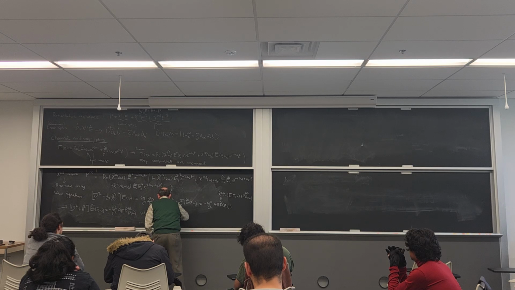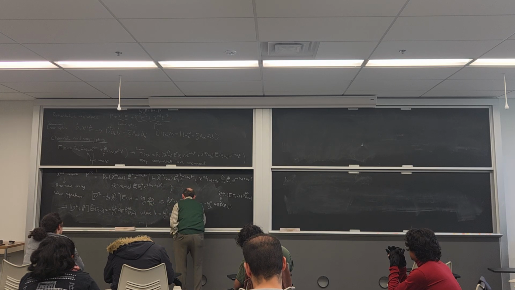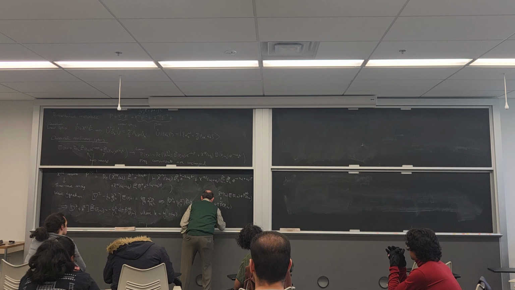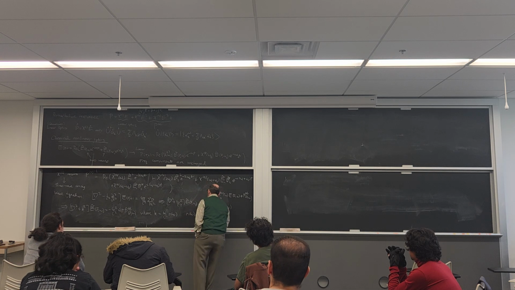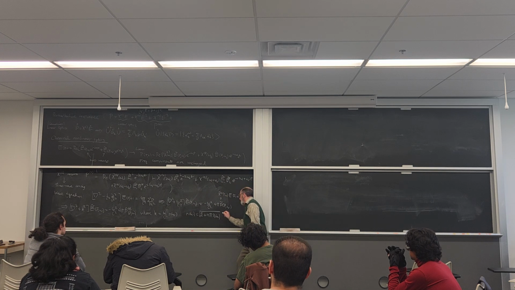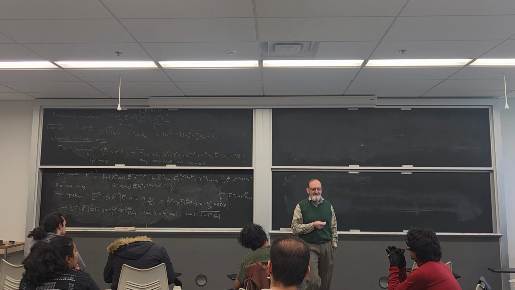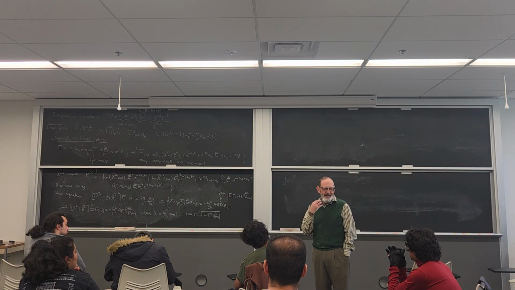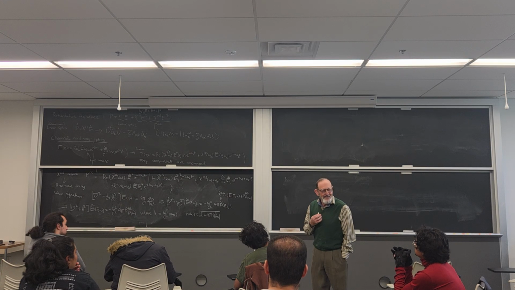I'll just write it this way: k equals omega over c times the index of refraction, where the index of refraction is the square root of 1 plus 4 pi chi 1. So the linear susceptibility gives rise to the index of refraction, if we remember that.